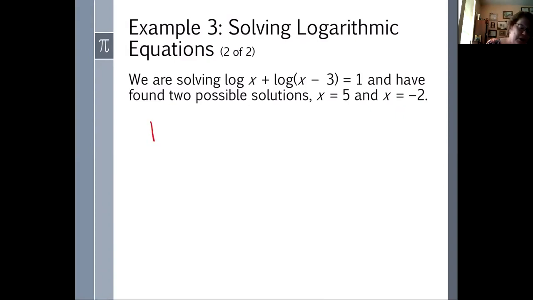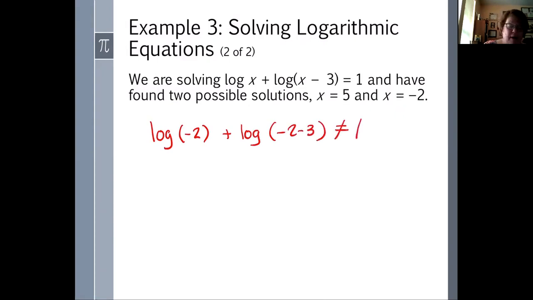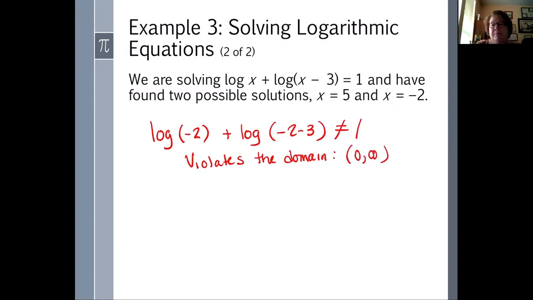So if I substitute the negative 2 back in to the original equation, that is not true. This violates the domain, because the domain is from 0 to infinity, the set of positive numbers. However, 5 is fine. 5 works.